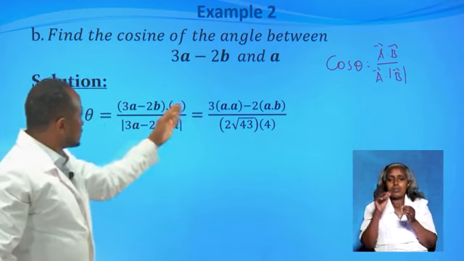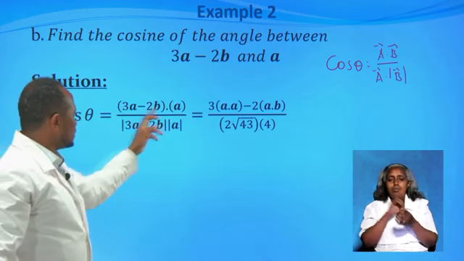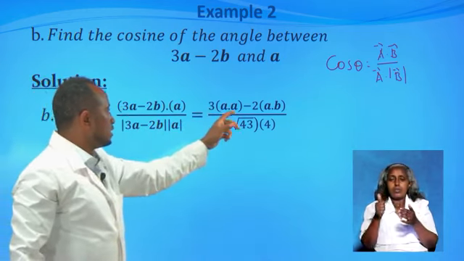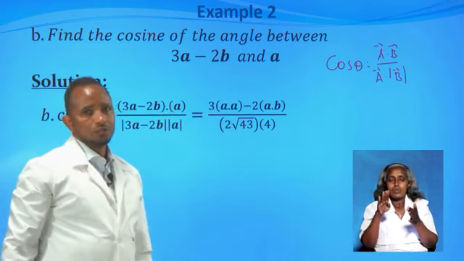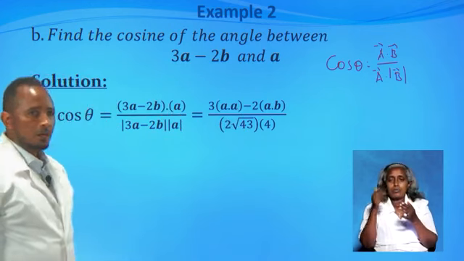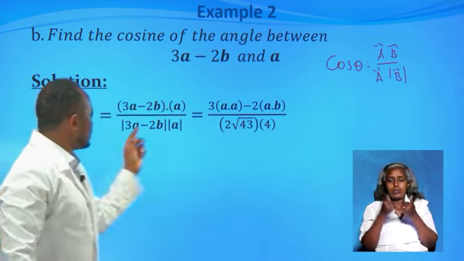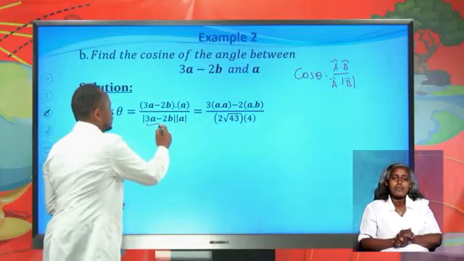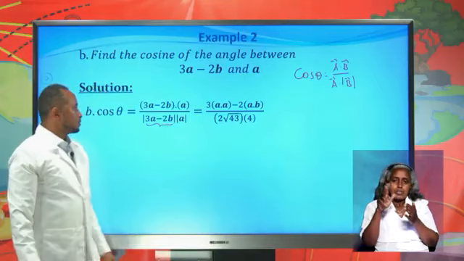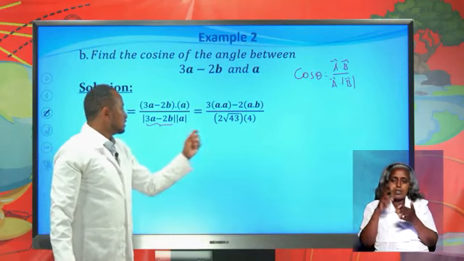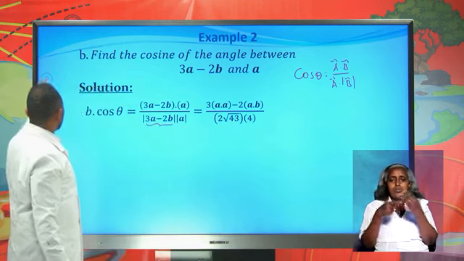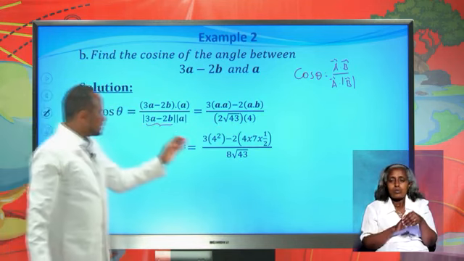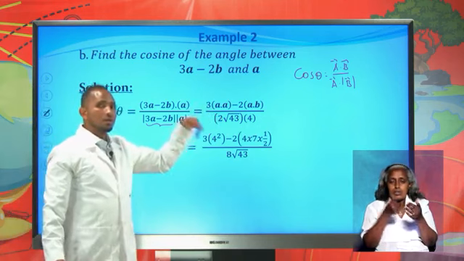This is equal to, using the distributive property, 3a dot a minus 2 times a dot b, divided by, we have found that the magnitude of 3a minus 2b is 2 root 43, and magnitude of a is given, it is 4. Therefore, this will be equal to 3 times a dot a, which is magnitude of a squared.